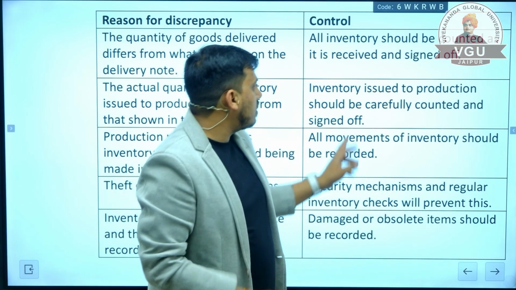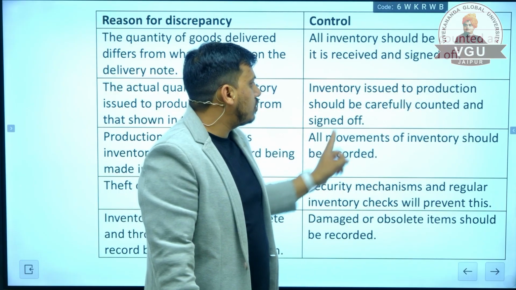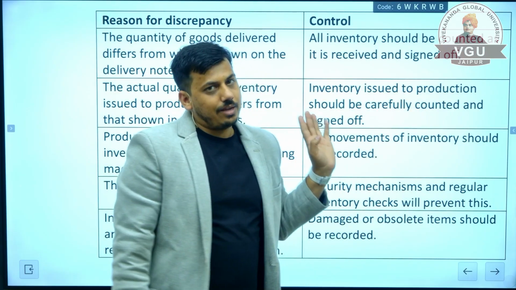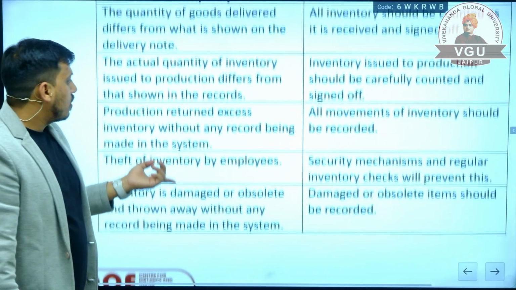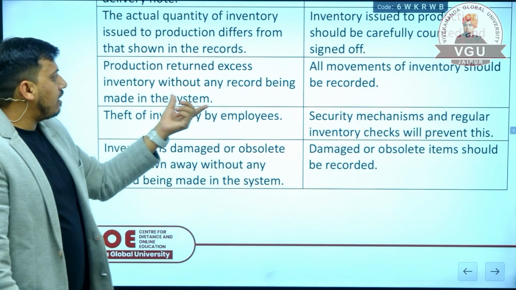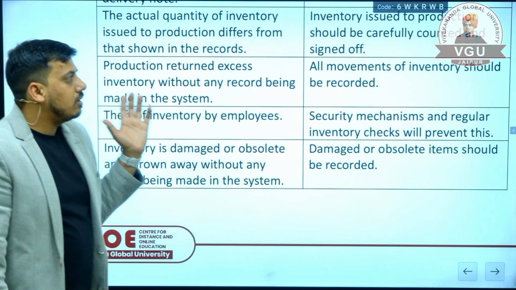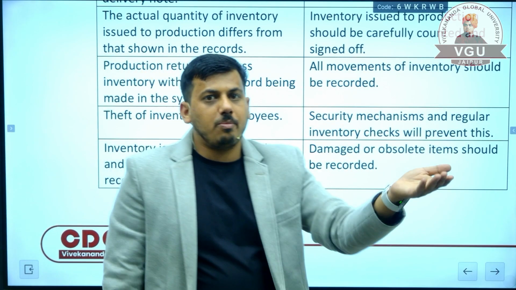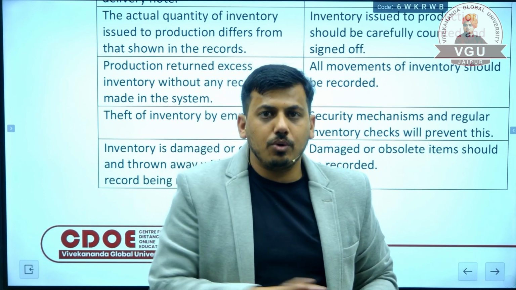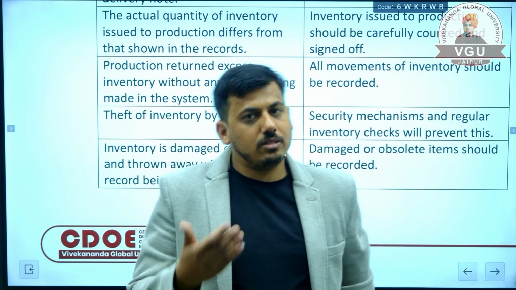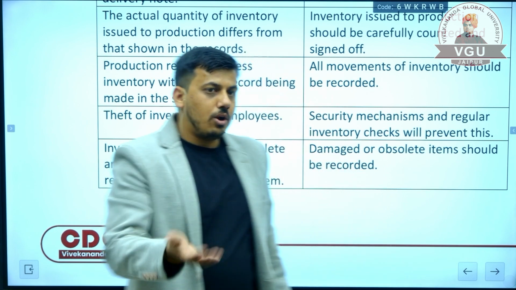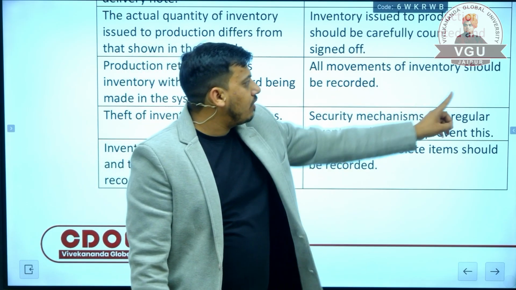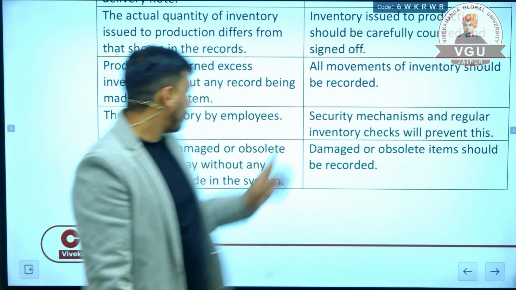For controlling this, inventory issued to production should be carefully counted and signed off. Third one, production returns excess inventory without any record being made in the system. If the production department returns the goods and there is no record for that, then a discrepancy may arise. To control that, all movements of inventory should be recorded.